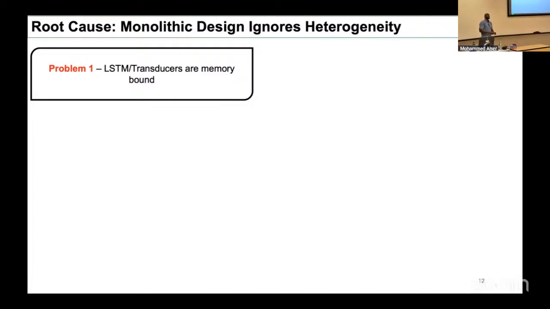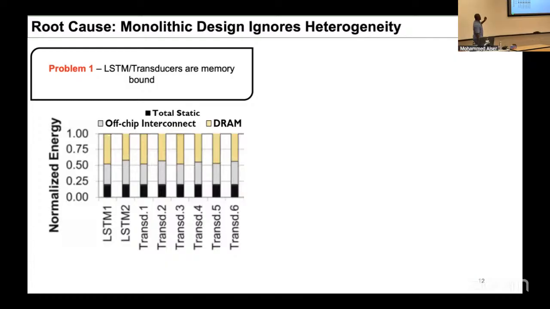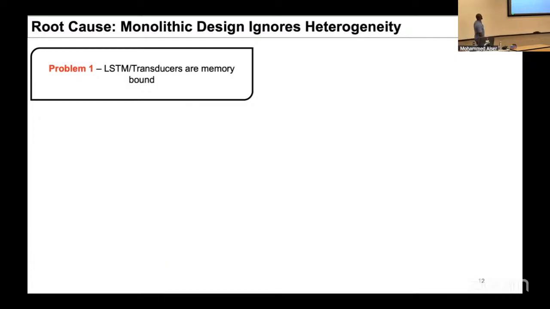What kind of models? Oh, no, that's not the question. The question is, what kind of applications do LSTMs and transducers serve? What do they actually do? Yes, exactly. Thank you for helping.